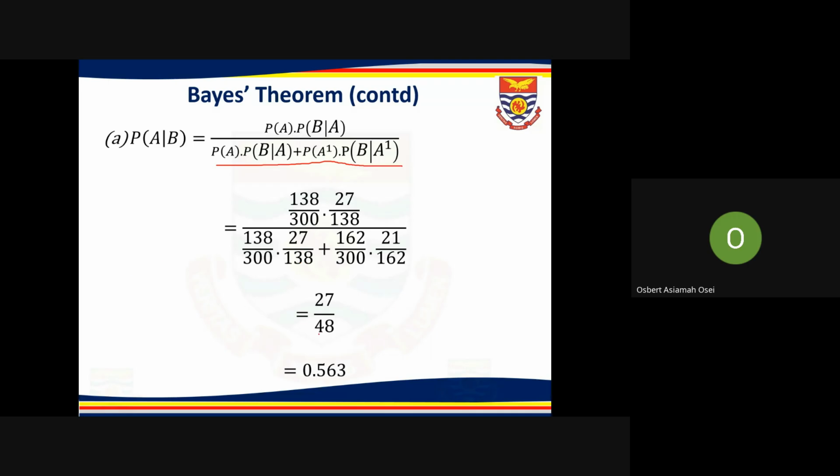So we conclude that the answer is 0.583. Please, I hope we understand because these are substitutions. After the substitution, we continue with the mathematics, which the calculator can help us with, and we conclude that way. Please, can we continue?